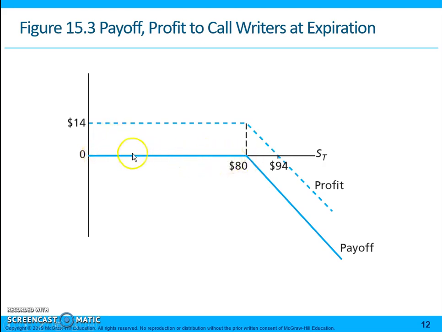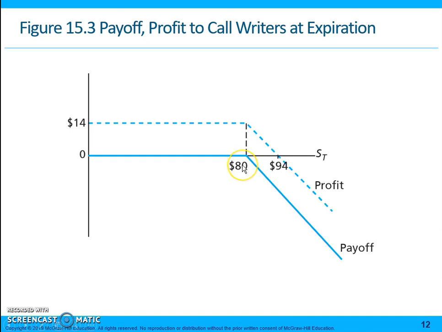Instead of going up from the buyer's perspective, the payoff and profit are going to be the opposite. Again, the solid blue line is the payoff for the call writer.